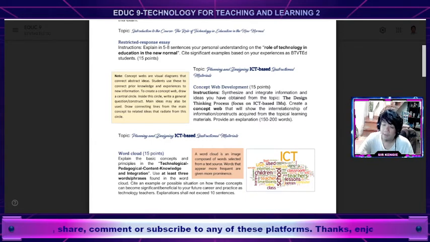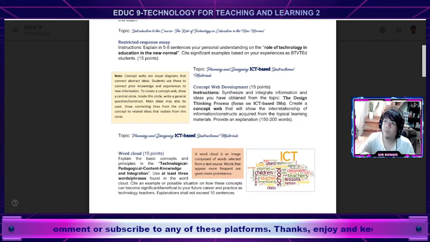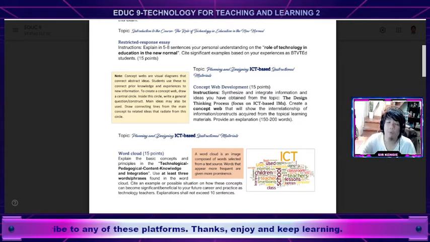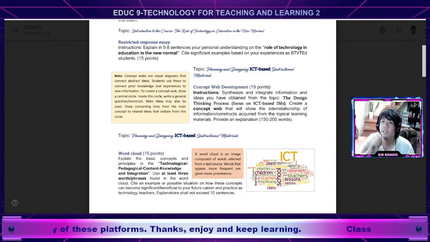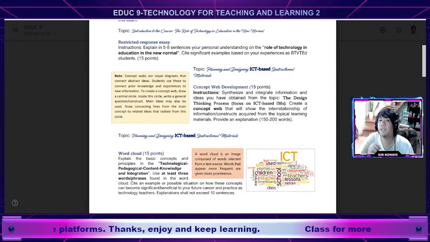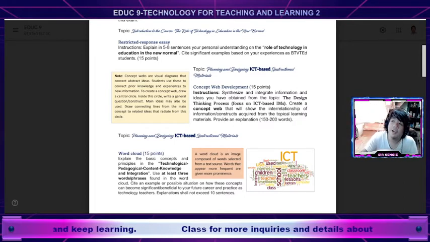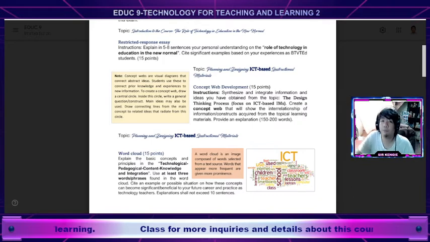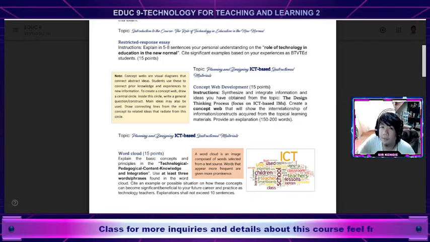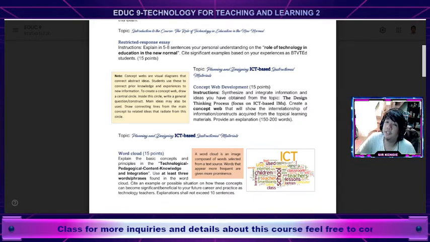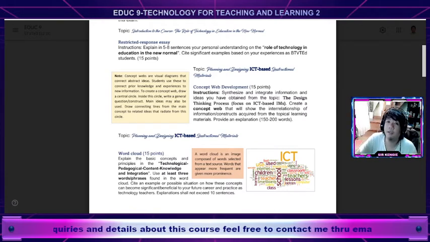Okay? And you can create another shape, another circle that is interrelated, connected, or relevant to the main circle. So let's say the next circle is about printed materials. So my initial plan is to come up with a printed material.